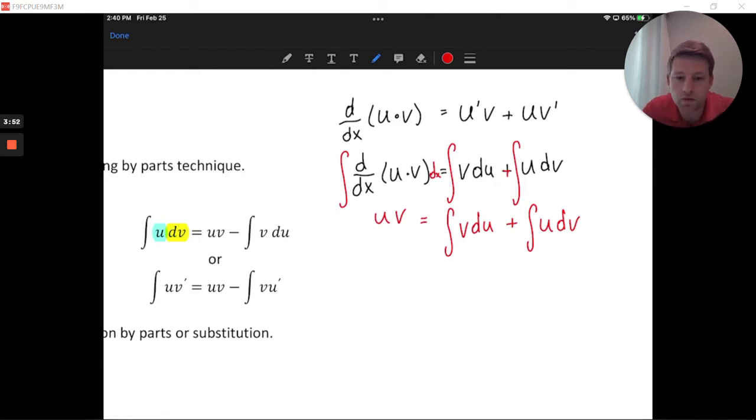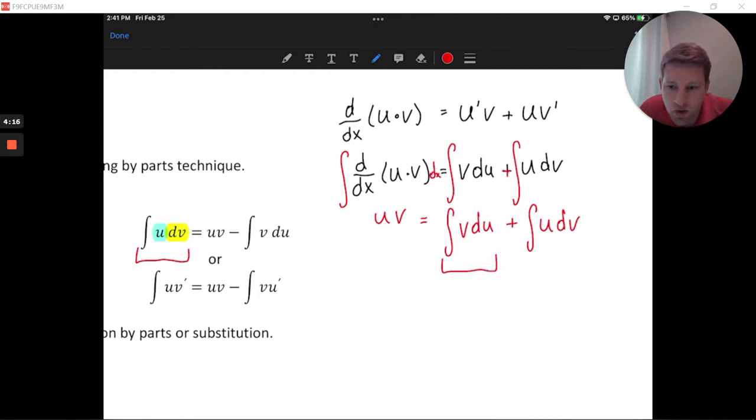Now, if we rewrite this structure, we can consider this as the integral of u dv. We know what that is in our notation here. That's the first item in our integration by parts, sitting right here.